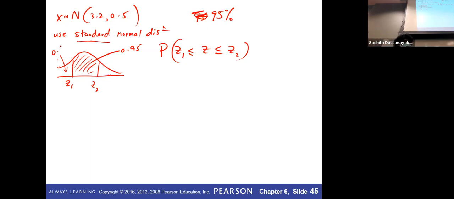Both together 0.05, but each 0.025. These two together 0.05 plus 0.95 is 1. You know how to find this, right? I think I did it last time as well. Using this area, you can find C1. Using this area, you can find C2.